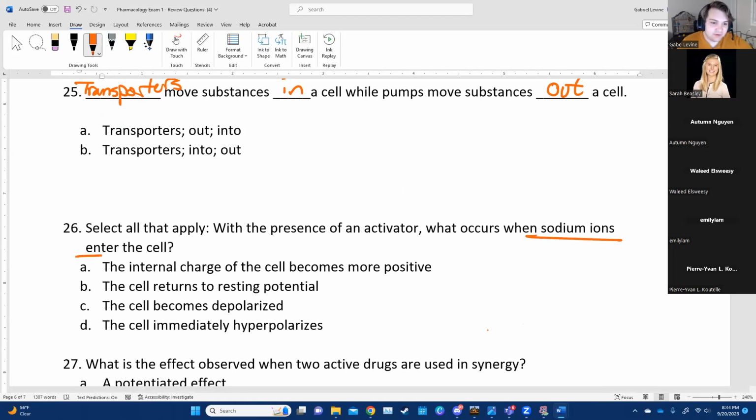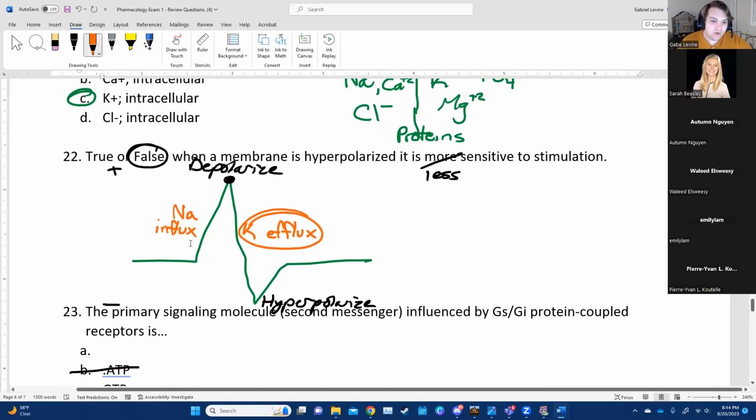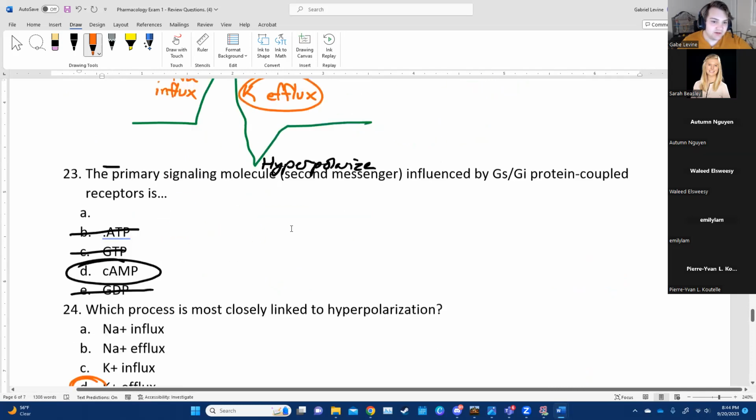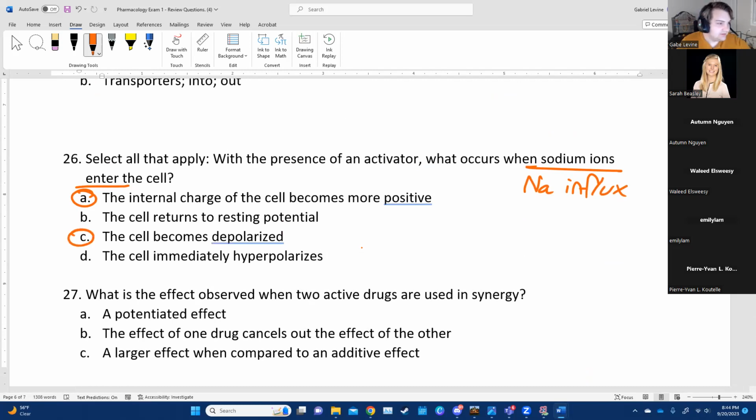When we talk about sodium entering the cell, this is the same thing as saying sodium influx. So sodium influx occurs when we're moving away from the resting potential towards depolarization. So we would have the internal charge becoming more positive, and it becomes depolarized.